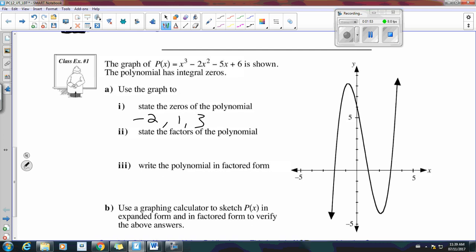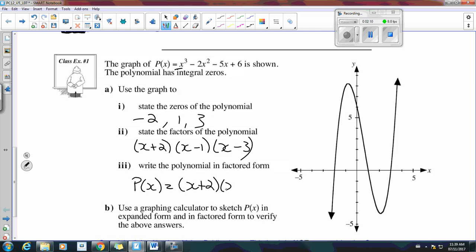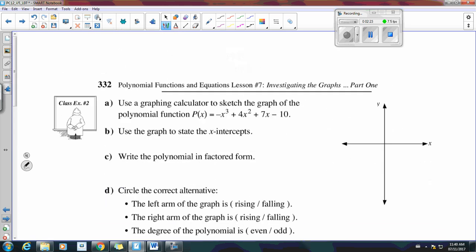The factors that go with each one: one factor would be x plus 2, x minus 1, and x minus 3. So writing the polynomial in factored form, since we know we have a positive leading coefficient, we can multiply the three factors together. You could graph this in factored form now, and you'd notice that the two graphs would be identical.